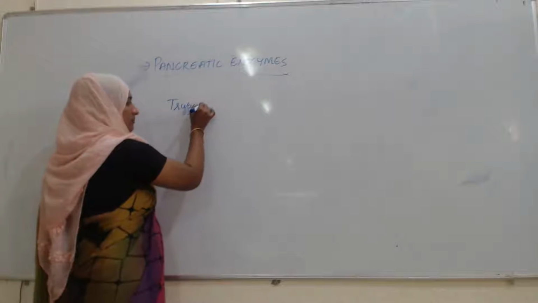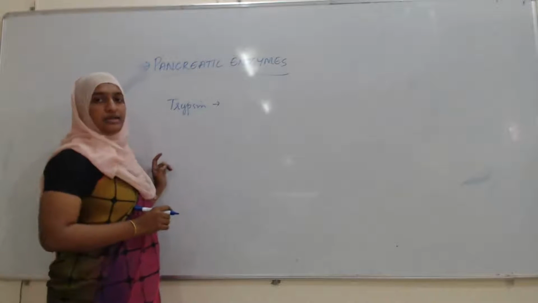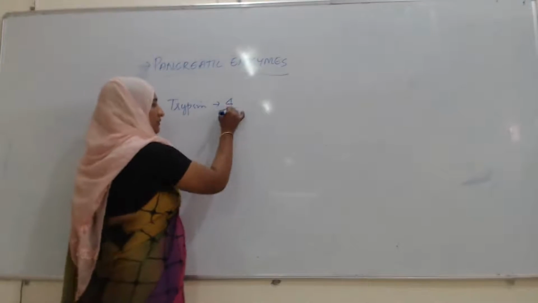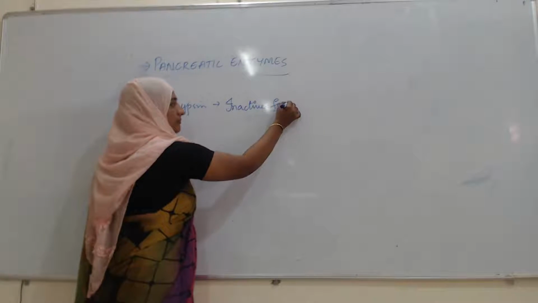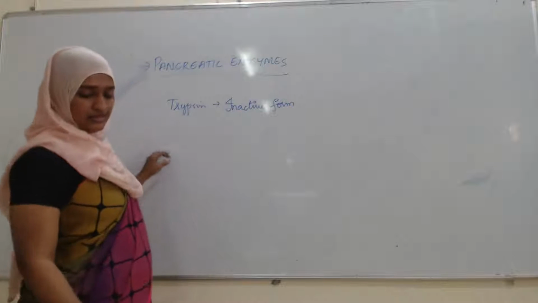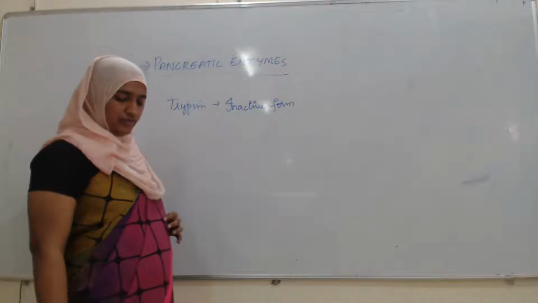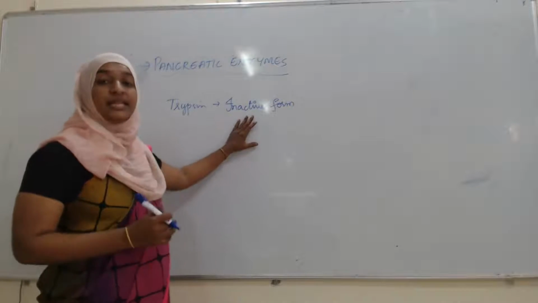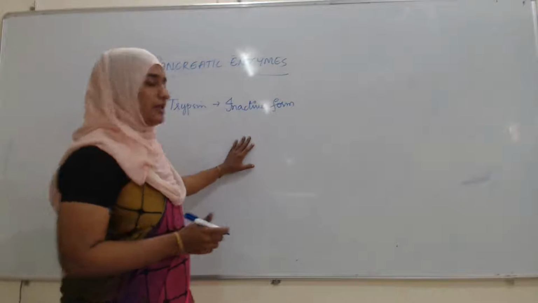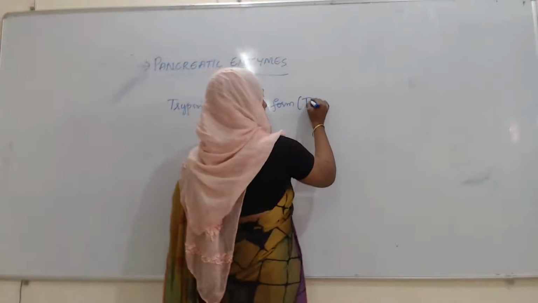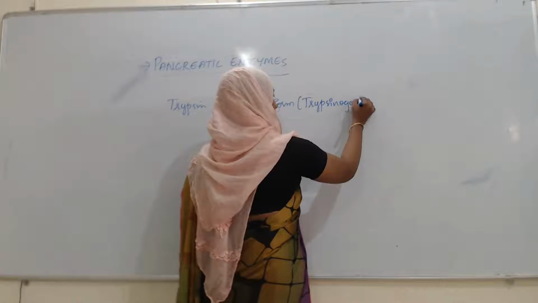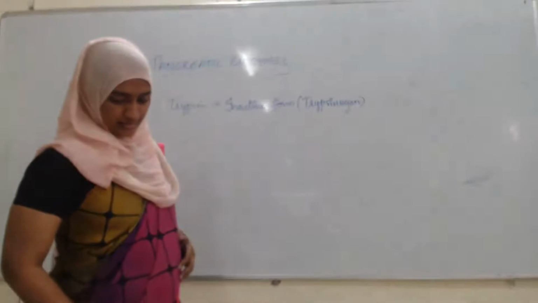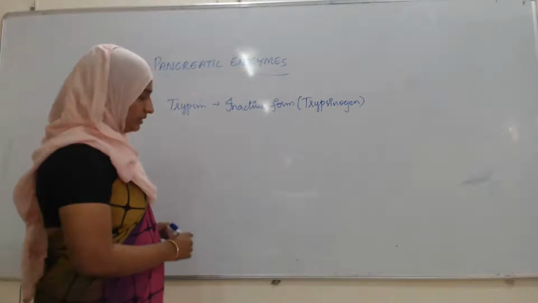Trypsin is secreted in an inactive form. Which form? The inactive form, that is trypsinogen.